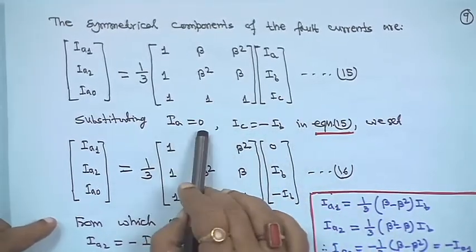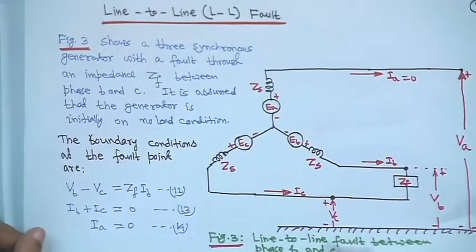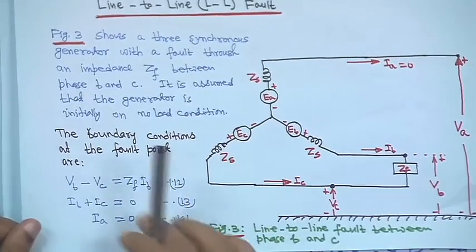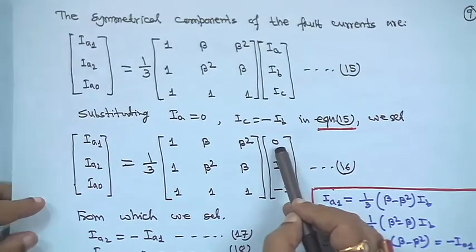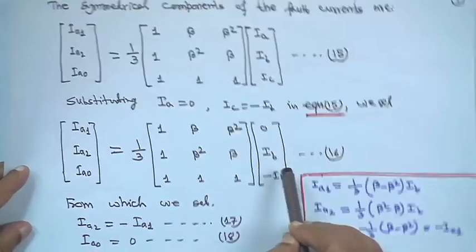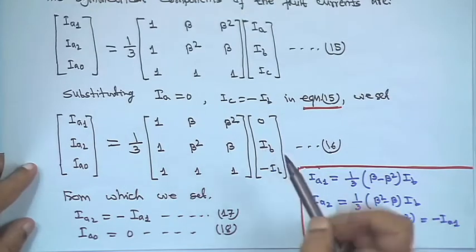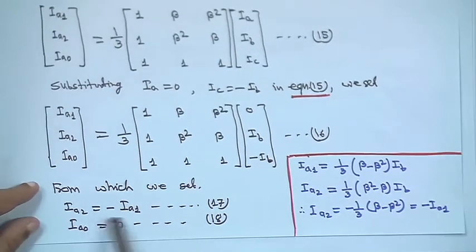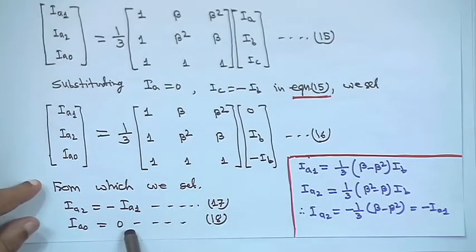Now, IA is equal to 0 and IC is equal to minus IB; these are the boundary conditions for a line to line fault through impedance ZF. If we put IA equal to 0, IB remaining as IB and IC equal to minus IB, we will get IA2 equal to minus IA1, and IA0 equal to 0.